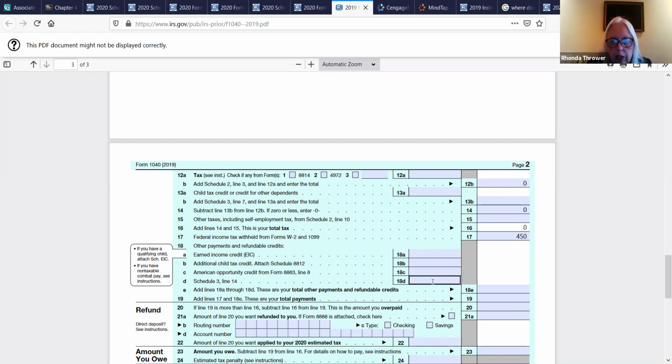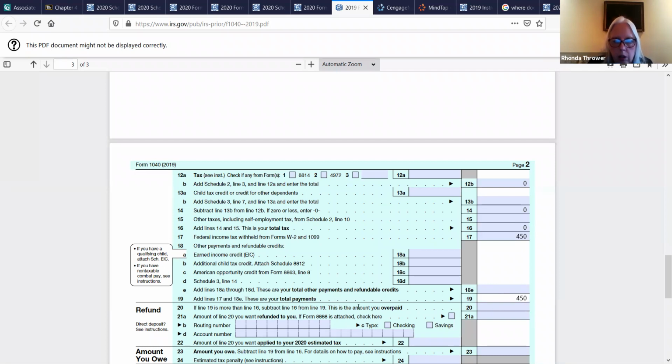And we didn't have any of these that applied to us, so this would have been 0 here. And then we're going to add lines 17 and 18E together, which means that this is going to be 450 again.